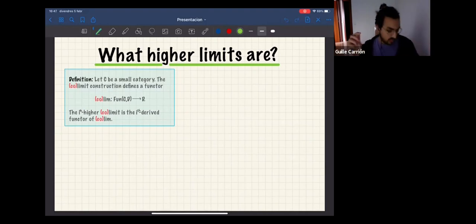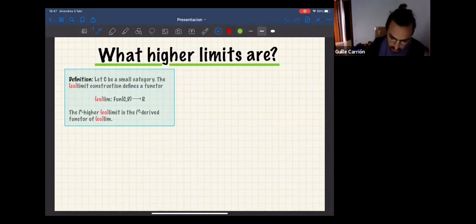If you have a small category C, and also a nice category D, lim and colim define a functor from the functor category to the output category. And if the category D is nice in some sense, we can derive this functor. I'm going to explain this in more detail.